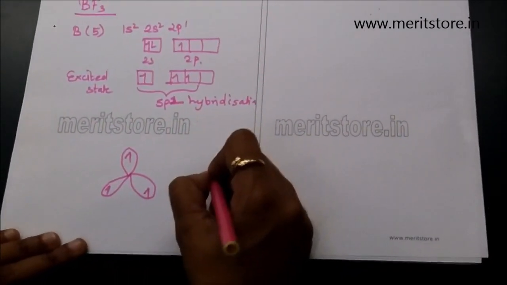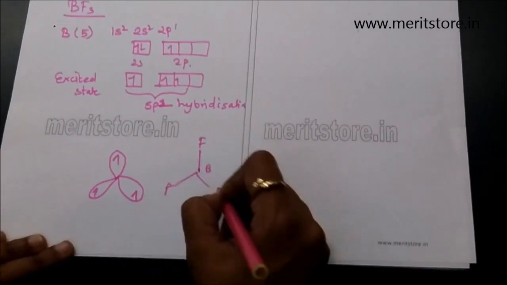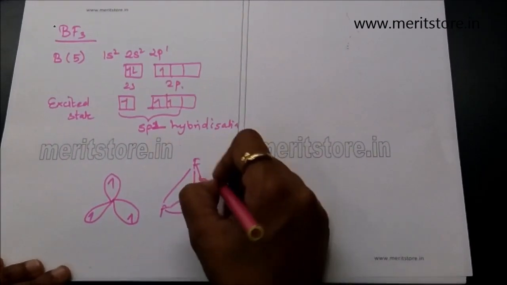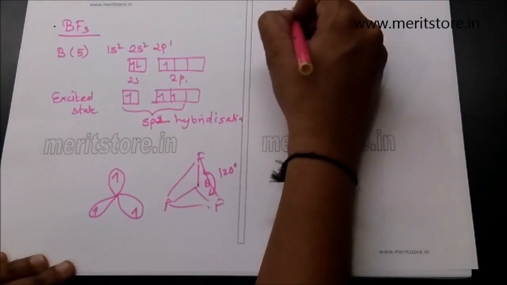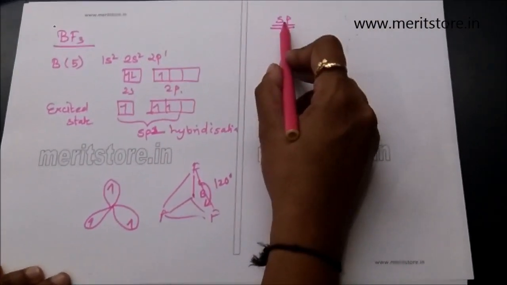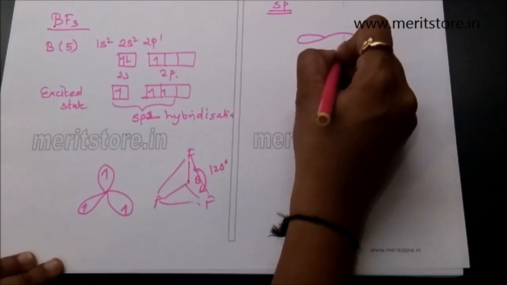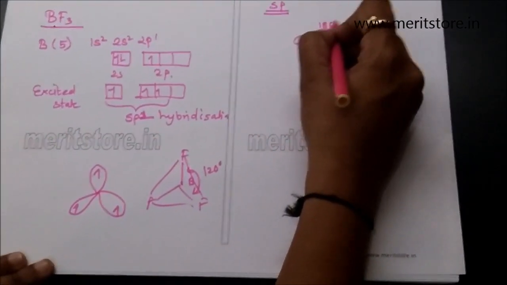So the geometry of the molecule will be boron in the center, 3 fluorines at the corners of the trigonal planar structure with a bond angle of 120 degrees. When I have sp hybridization, since there are 2 orbitals involved, they will try to go maximum away from each other, giving the angle of 180 degrees.